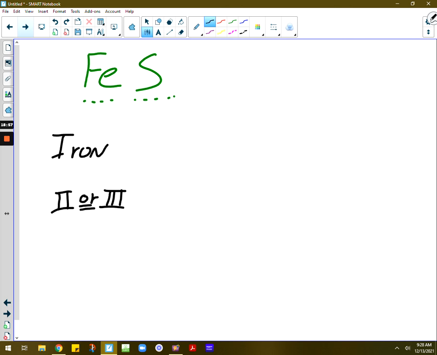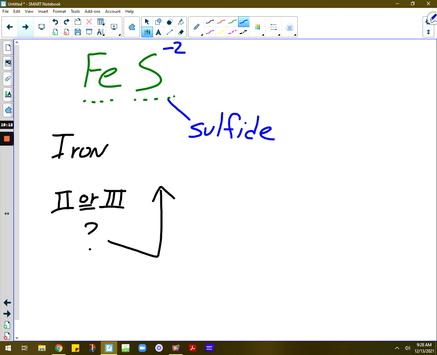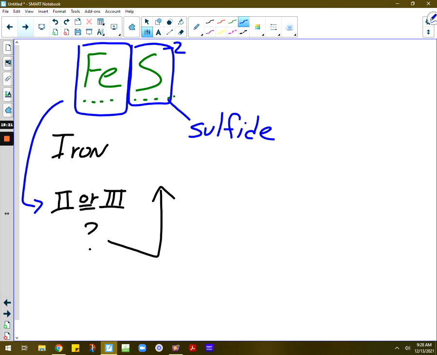Since I don't know which one it is, I go look to see what it's bonded to. It's bonded to a sulfur. When sulfur is by itself, it's called sulfide. It is -2. So if this is -2, and it's only hooked up to one iron atom, this iron has to be which one? Since it has to be that, I use that in the name. So it's iron 2 sulfide.